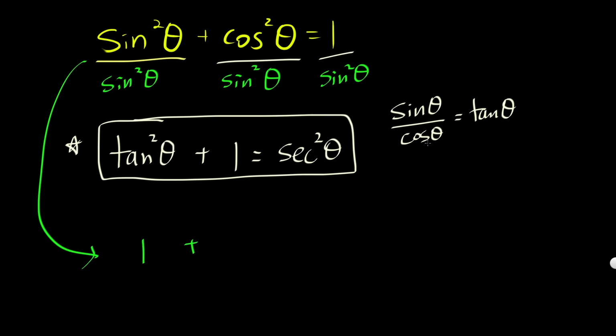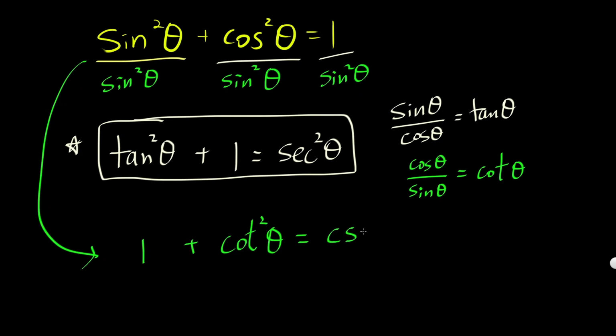Remember, sine over cosine was tangent, but cosine of an angle divided by sine of the same angle is going to be cotangent, because tangent and cotangent are reciprocals of each other. So cosine squared over sine squared is going to be cotangent squared of the angle. That should equal 1 over sine squared, and 1 over sine is cosecant, so we put cosecant squared theta.